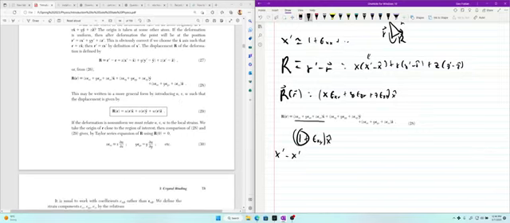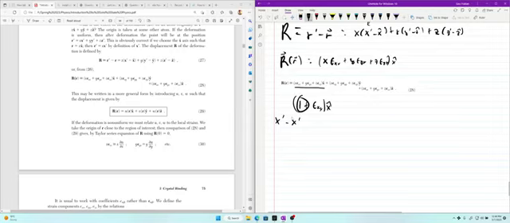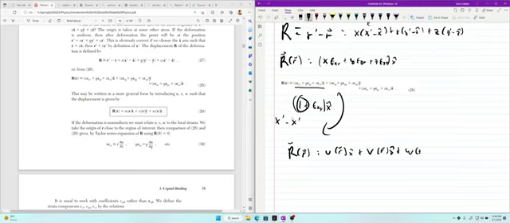Okay. We can write this in a more general form if we introduce u, v, and w, such that this right here gets simplified to r of r equals u r of x hat plus v r of y hat plus w r of z hat. If the deformation is non-uniform, we have to relate u, v, and w to local strains. So we take the origin of r close to the region of interest.